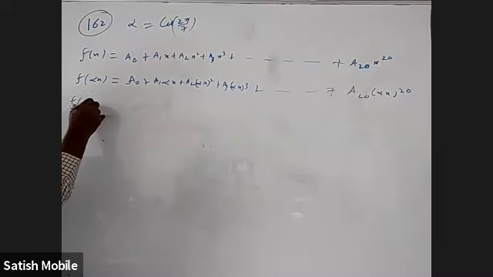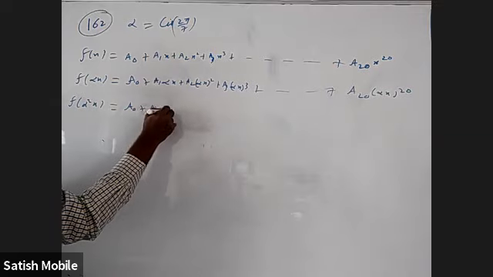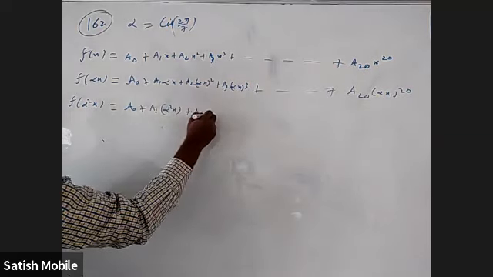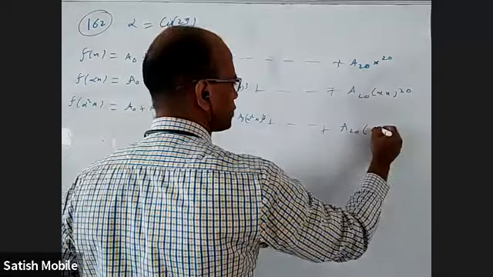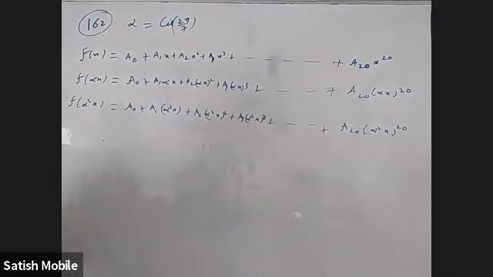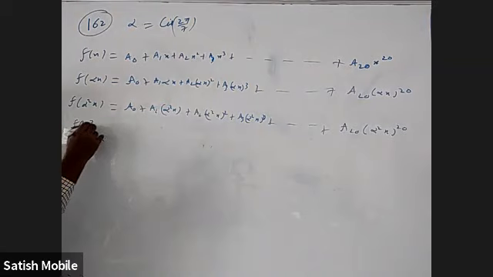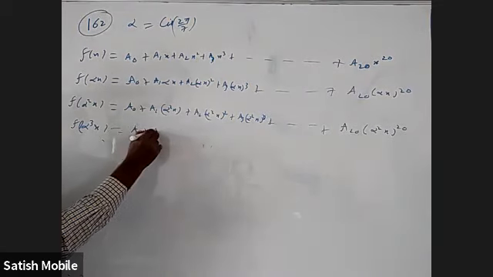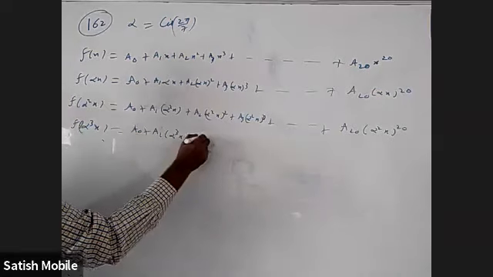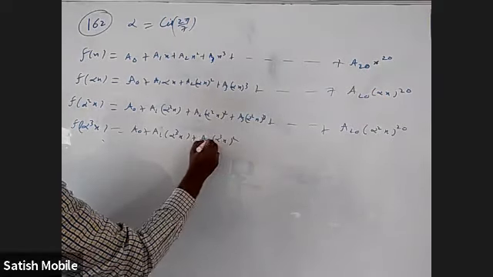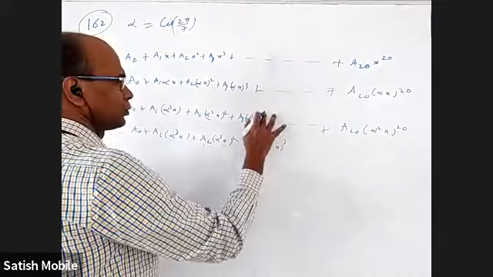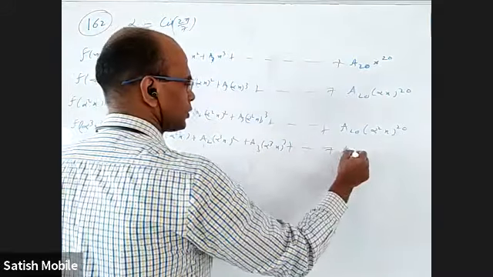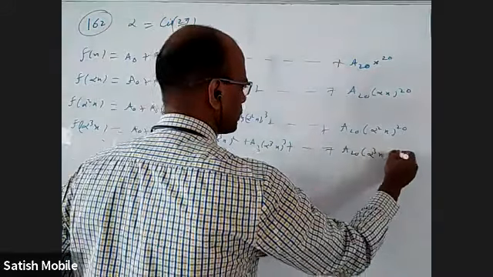If I take f of alpha square x, it will be a0, a1 into alpha square x, a2 into alpha square x whole square, a3 into alpha square x whole cube, so on up to a20 into alpha square x whole power 20. If you want f of alpha cube x, you will get a0 plus a1 into alpha cube x, a2 into alpha cube x whole square, a3 into alpha cube x whole cube, so on, a20 into alpha cube x whole power 20.